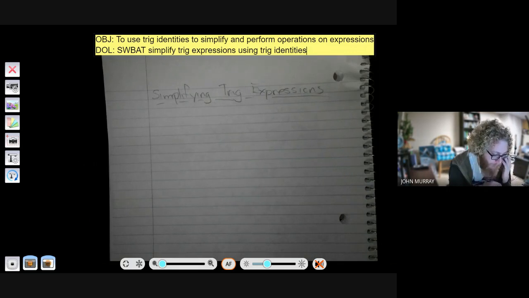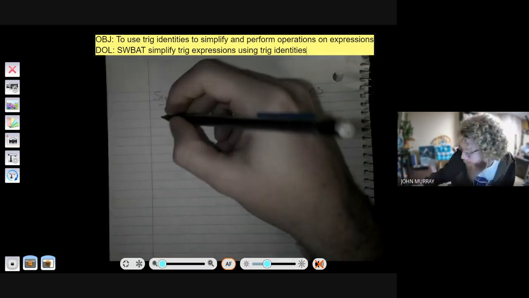A lot of times we have these convoluted, really lengthy trig expressions, and with all the rules and the identities that we know, we can shorten it to one nice, easy, quick expression. Okay, so let's take a look.